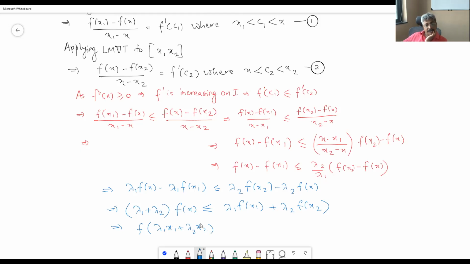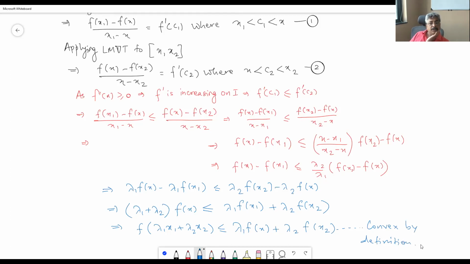If we simplify that ratio, we get this is less than or equal to, this point on the curve is having smaller value than point on the chord. Hence convex by definition.